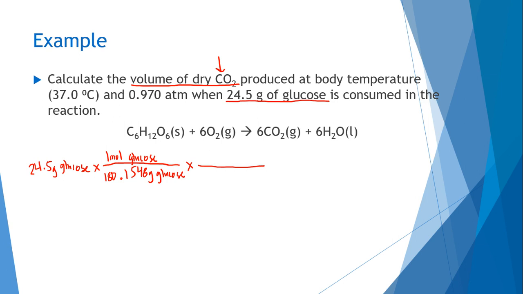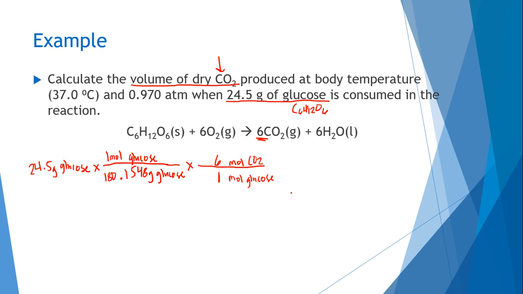So we're actually going to use our mole ratio to get to moles of CO2. Again, if I have 1 mole of glucose over here, I need to use moles of glucose on the bottom, and then I want to get to moles of CO2 on top. Again, we're going to fill in our moles using our balanced chemical equation. We should see that CO2 is 6, and then our glucose is 1, because glucose is C6H12O6.